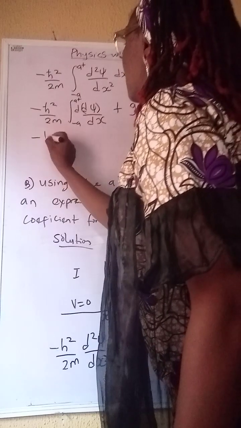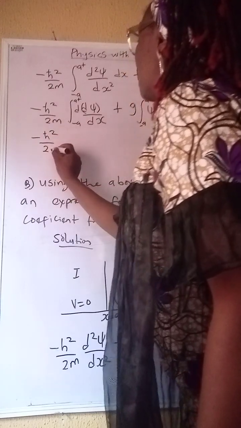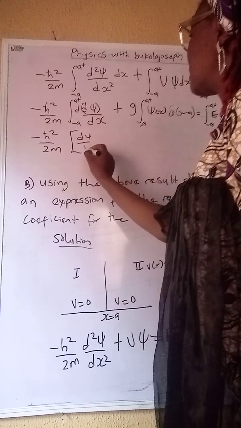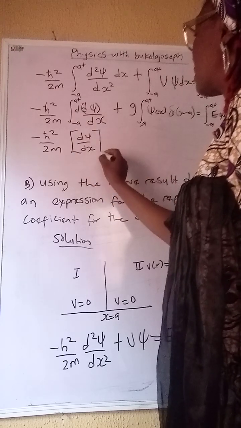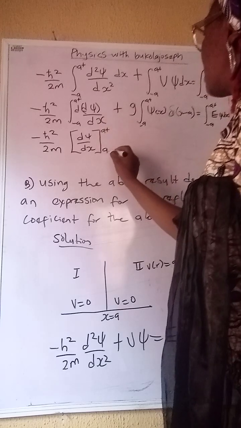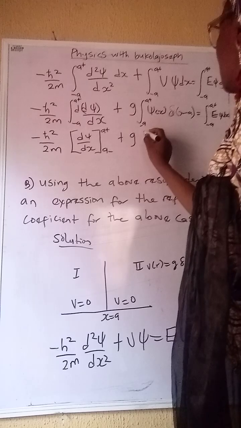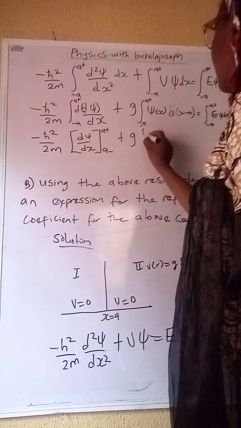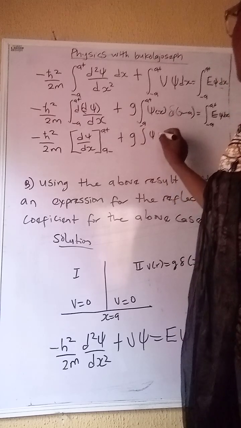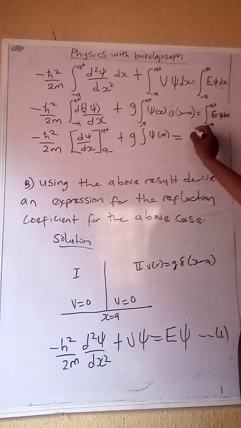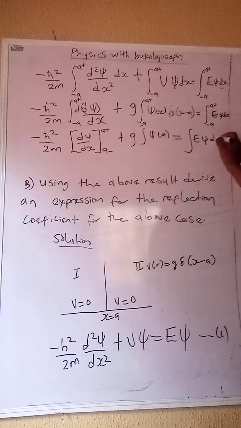We have the integral of d squared psi dx squared dx from a minus to a plus, then we have g, is equal to the integral of E psi dx.